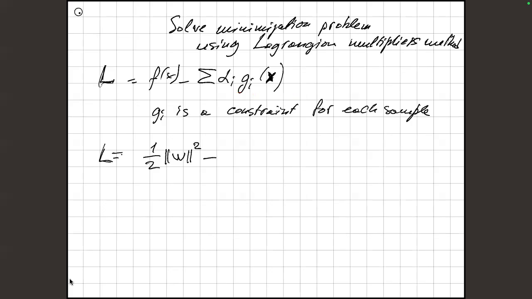So we spell out this g: sum of alpha i, and then our g, which is y i (w x i plus b) minus 1. So this is our g.